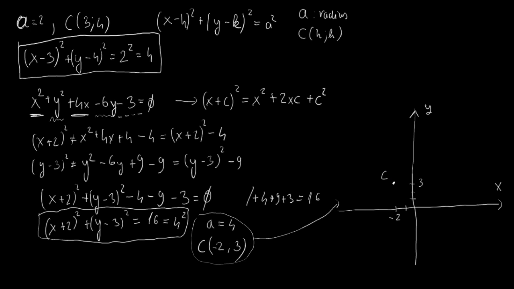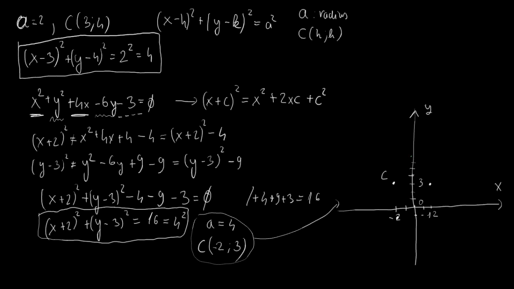Now we want a circle with a radius of 4, so we need to go down; this is the origin, and we need to go down 1. So here is another point of the circle, and at 2, 3 there's another point.